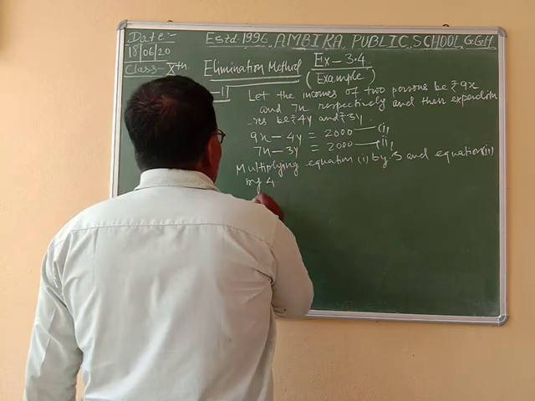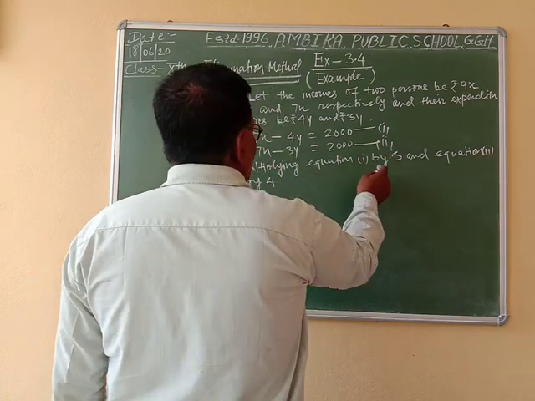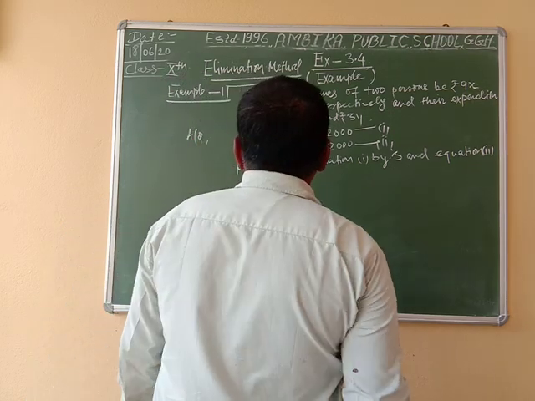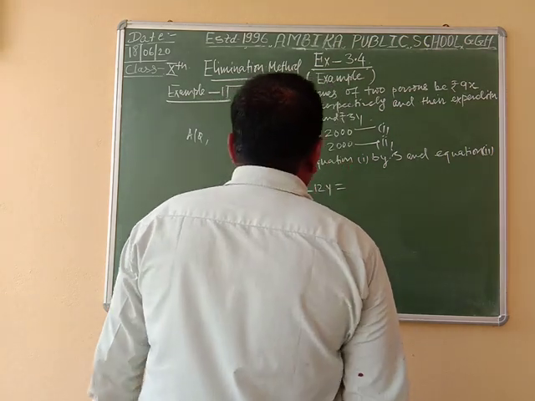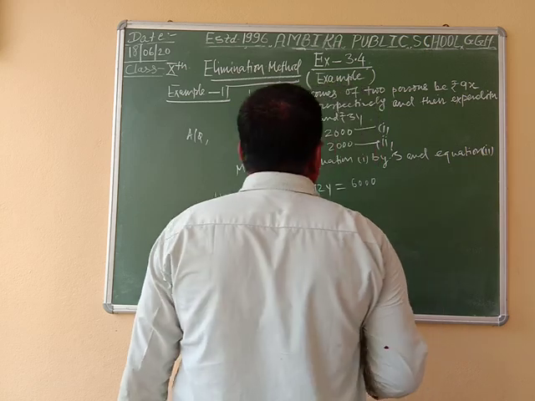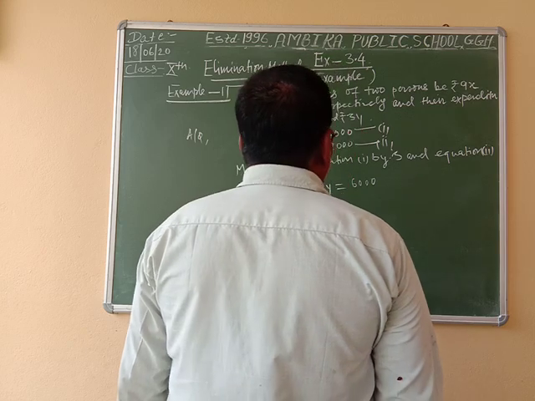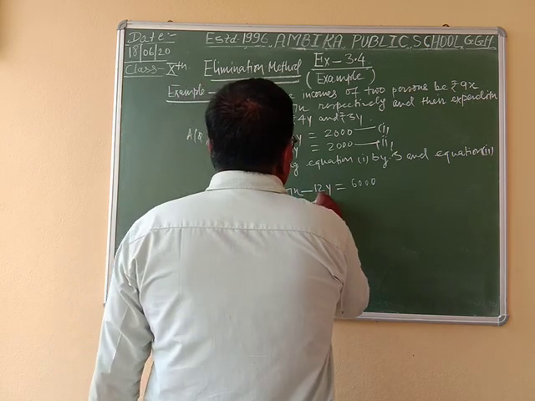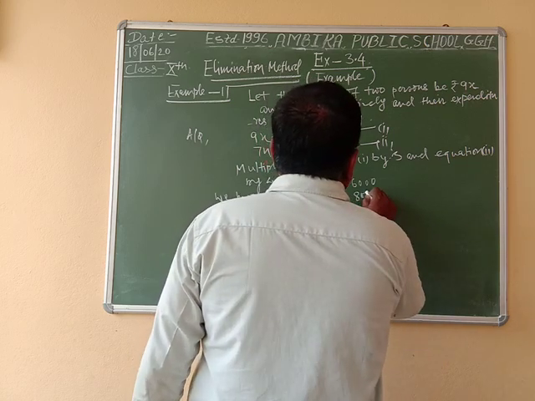Multiplying equation 1 by 3, we have 27x minus 12y is equal to 6,000, and if we multiply equation 2 by 4, we have 28x minus 12y is equal to 8,000.